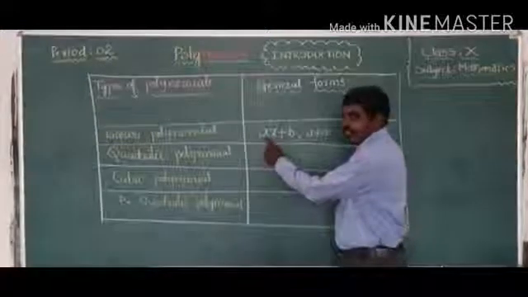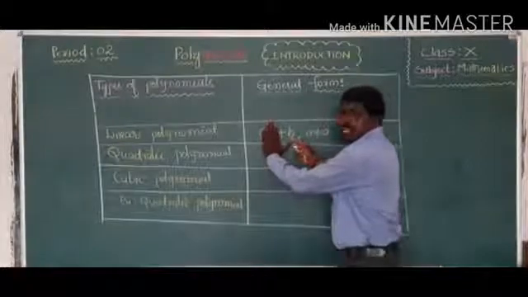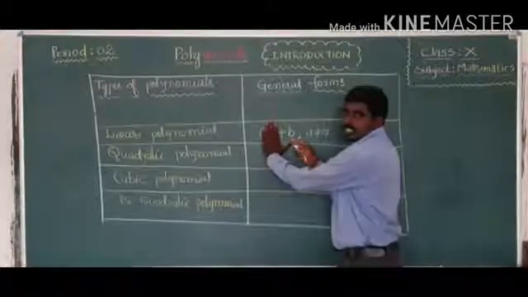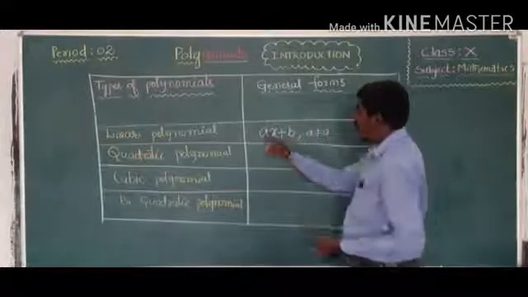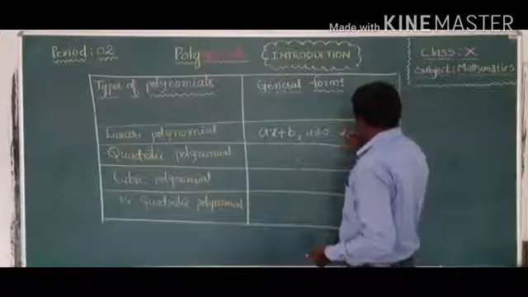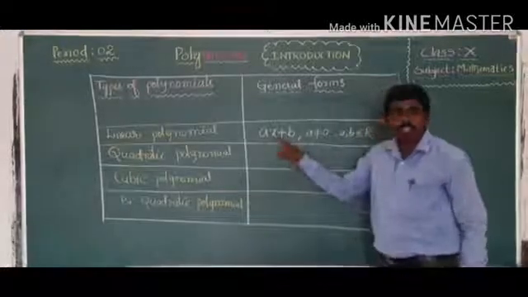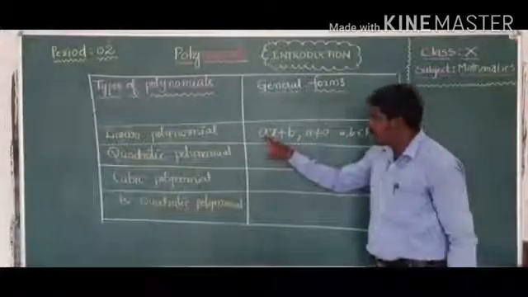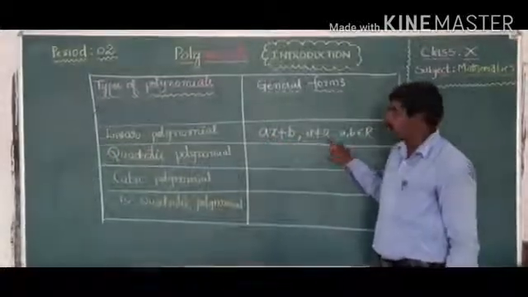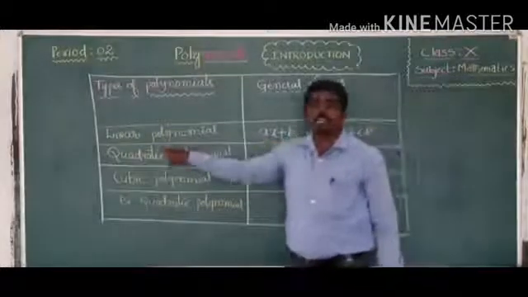If a is 0, then this whole term becomes 0 and b is the constant, so the degree becomes 0. That is why a must be not equal to 0. Here x is the variable, and a and b are real numbers. So the degree of this polynomial is 1, and it is a linear polynomial.